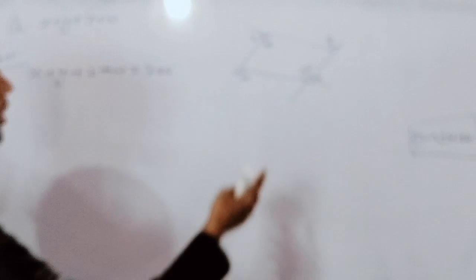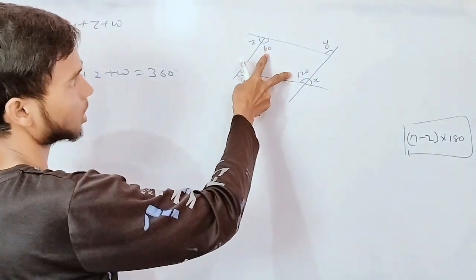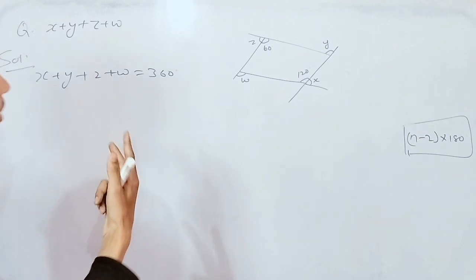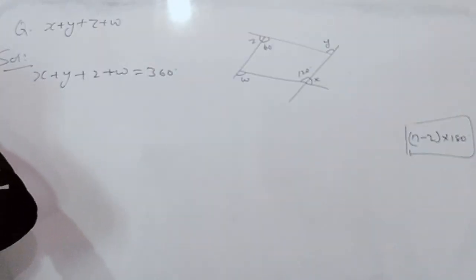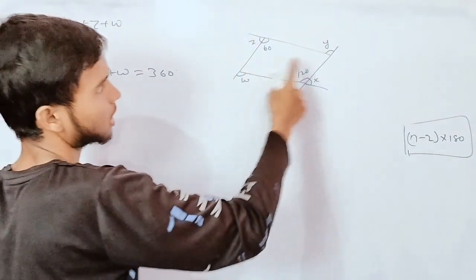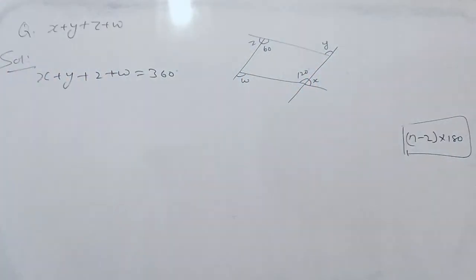Always remember that in a quadrilateral, the sum of opposite interior angles would be 180.